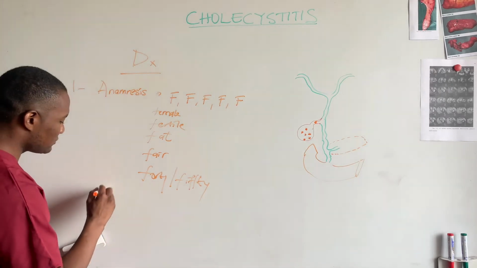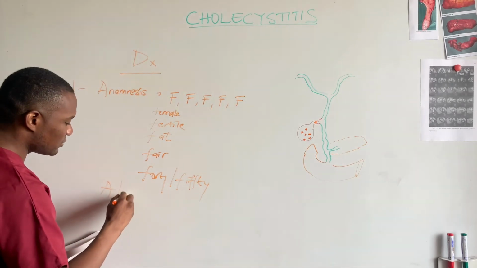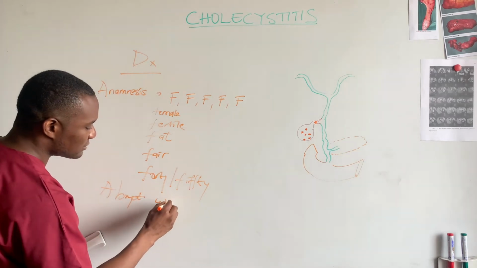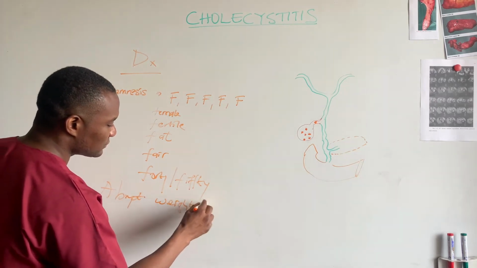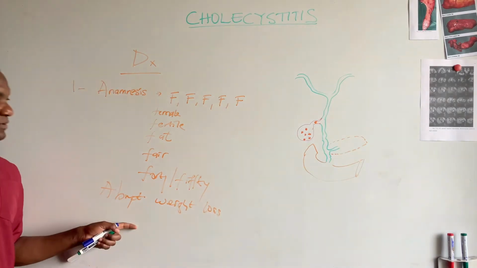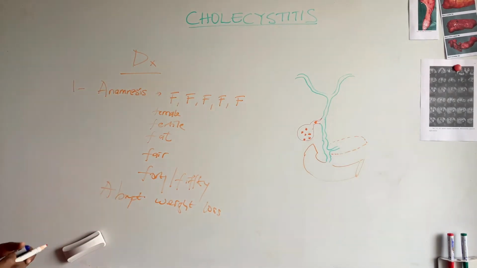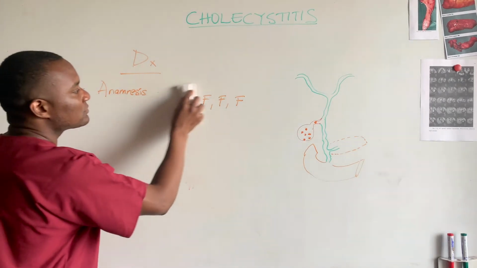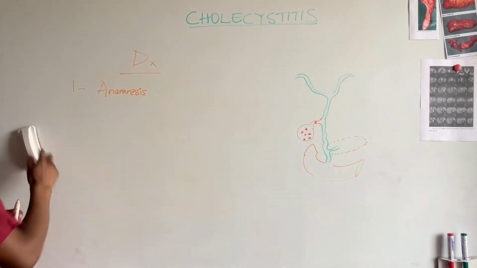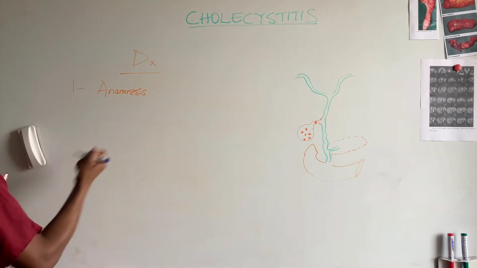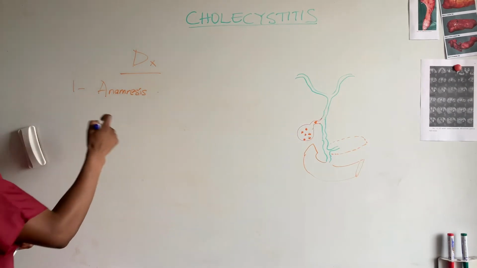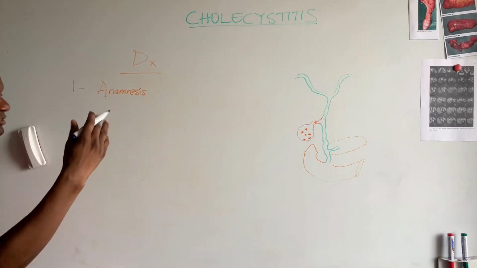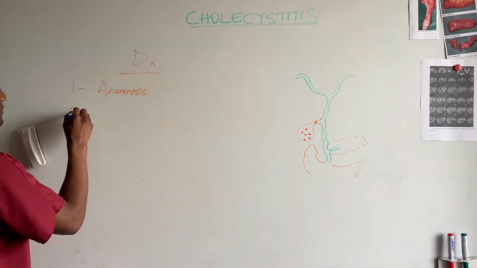So you have to ask about abrupt weight loss. When you exclude this, you can proceed to your physical examination. So in anamnesis, pay close attention to those factors mentioned, in addition to the other aspects of it.